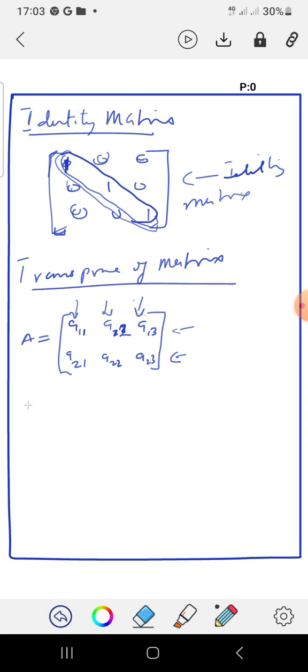Now that's A. The transpose of A, which we normally write as A^T. If A is a 2 by 3 matrix, then its transpose would be a 3 by 2 matrix.